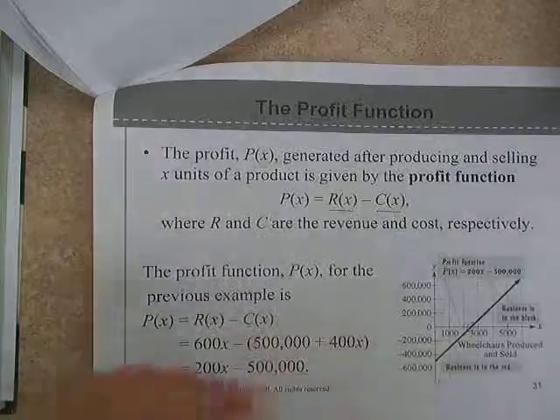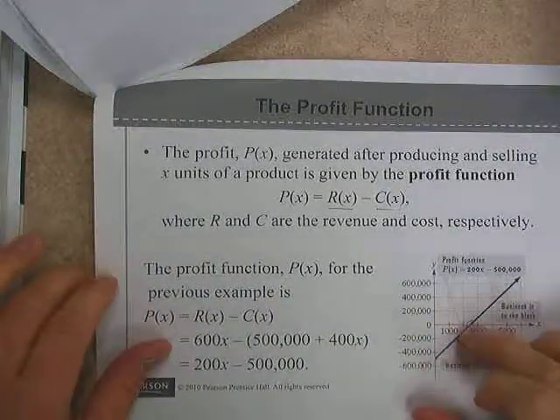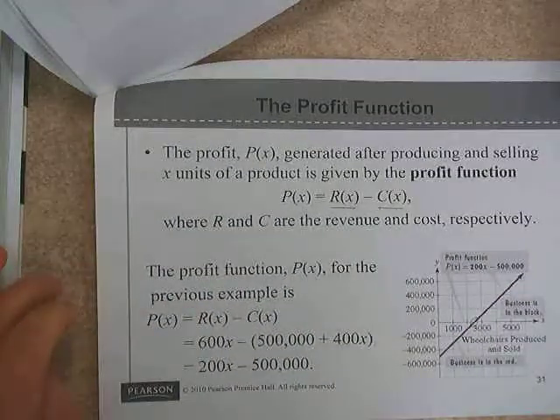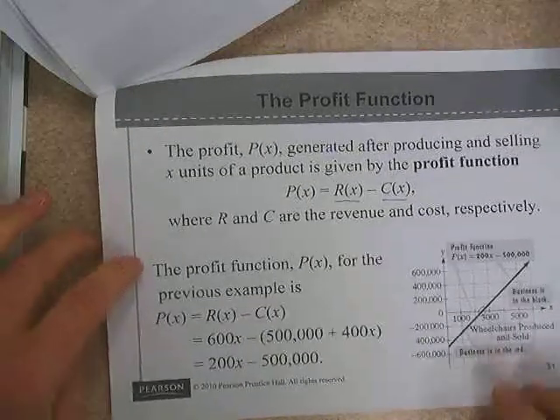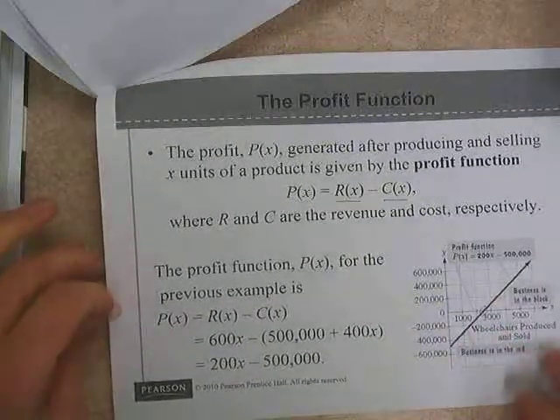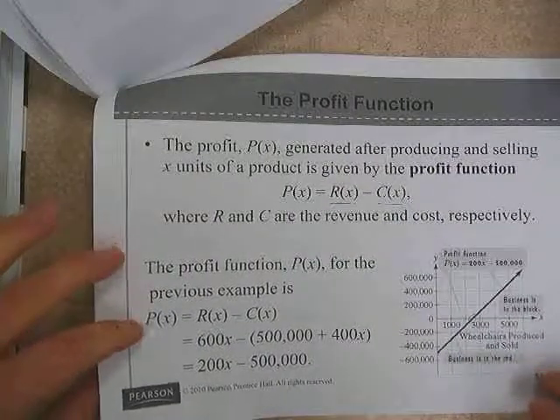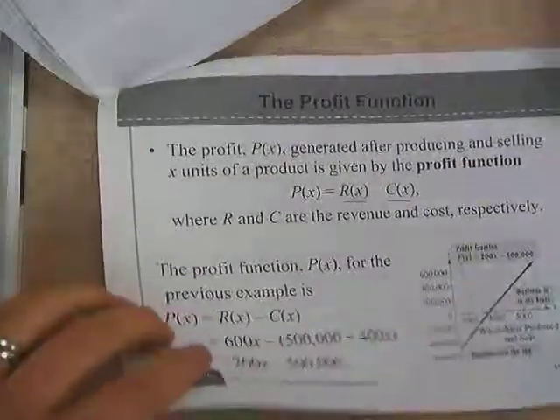And notice if we graph the profit equation, the profit equation is negative until we get to, guess where? 2,500. 2,500 is where we start having positive profit. Anything beyond 2,500 is going to be where we're making money. Anything before 2,500, you notice the profit is below the x-axis, which means that we're going to be losing money. If we sell only 2,000 wheelchairs, we'd be in the negative, which means our profit would be negative, which means we'd be losing money.